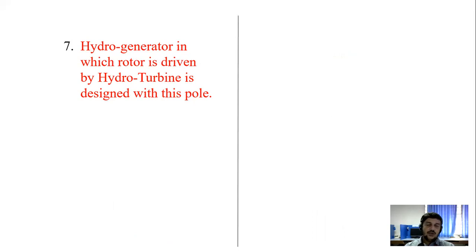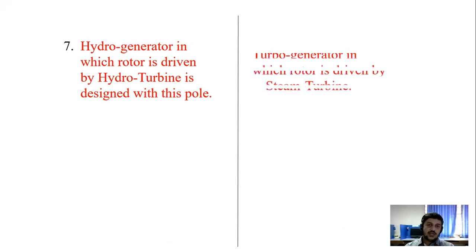Therefore, these salient pole machines are used in hydroelectric power plants, driven by hydro turbines, whereas cylindrical rotor machines are used in steam power plants, which are driven at very high speed. Steam turbines are generally designed for high speed applications. So these cylindrical rotor machines are generally used in steam power plants, like thermal power plants, nuclear power plants, or gas power plants.